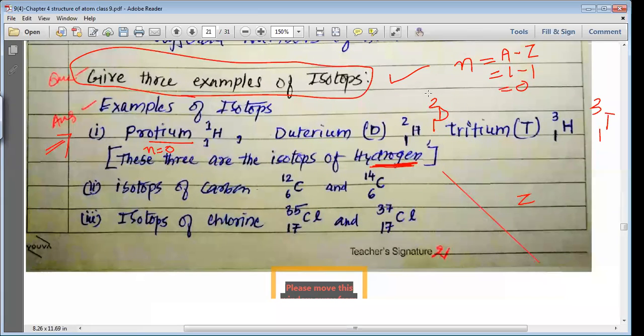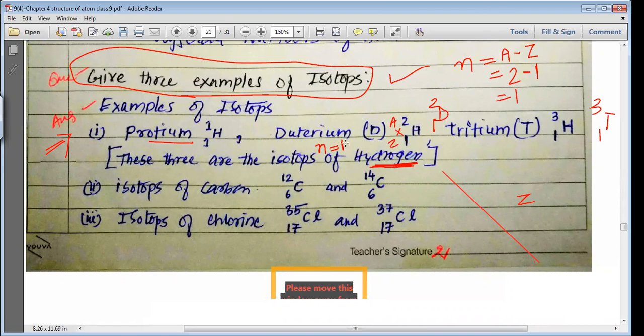Now, when we think about the next one, that is deuterium, we know A, Z, X. So here Z is equal to 1 and A is equal to 2. So your number of neutrons is equal to 2 minus 1, which is 1. So you can say that deuterium has 1 neutron.